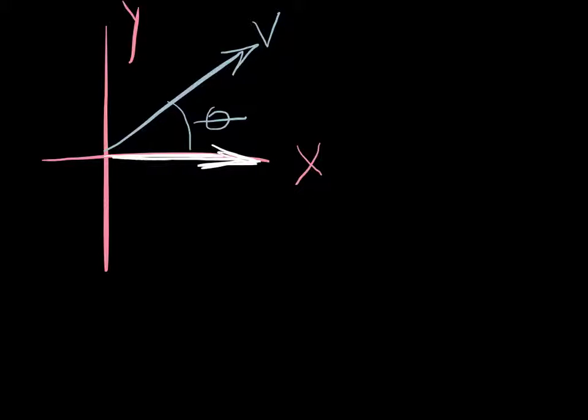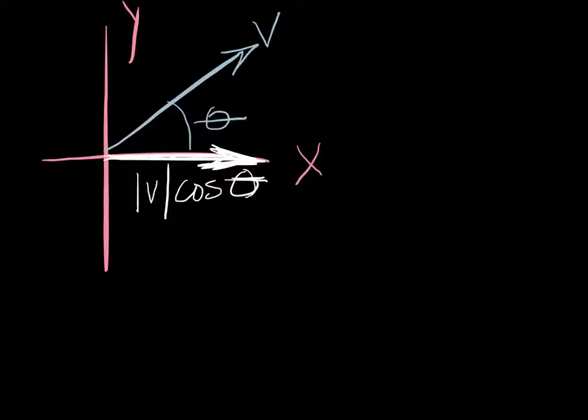This is how I can find it. Just like when you were doing trig, it's the magnitude of vector v times the cosine of theta. The reason I use cosine of theta for the horizontal component is that, if you remember, cosine is your x value.